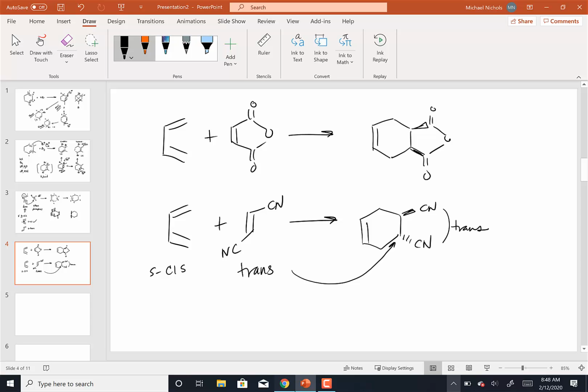So the S-trans is different than trans. So the stereochemistry of the alkene is preserved, but the diene must be in its S-cis conformation. And that's usually just an issue of heating the molecule up and getting it to go there, because once it forms, it immediately adds.